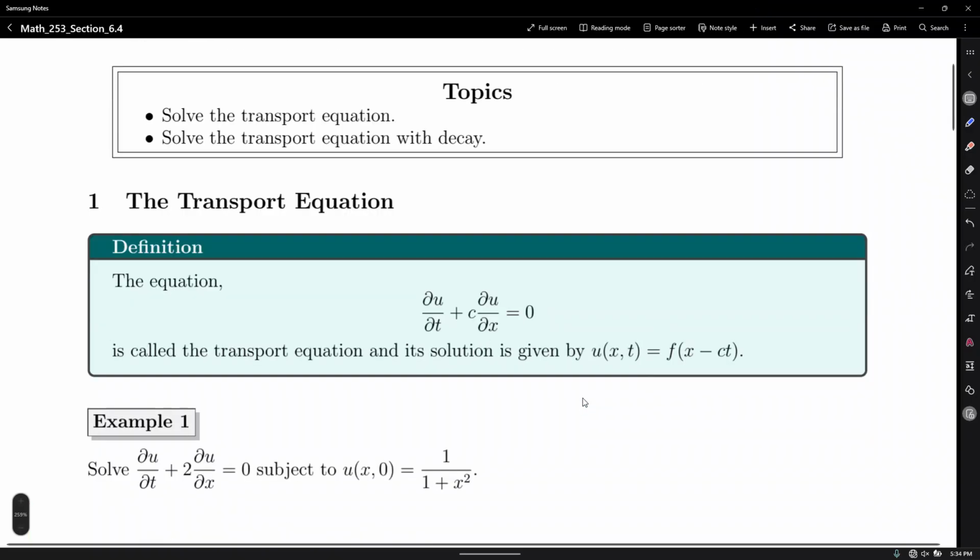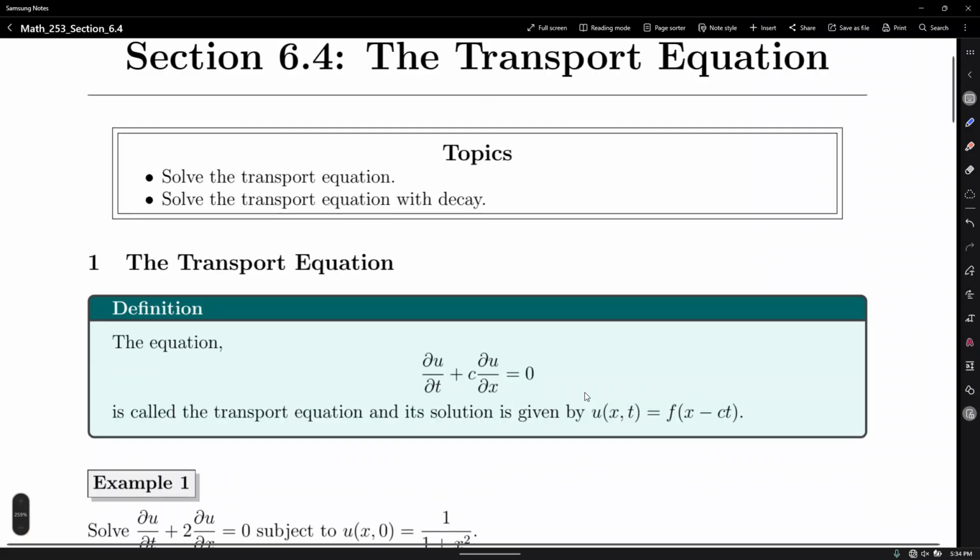Still, this equation resembles the equation A u with respect to x plus B u with respect to y equal to 0. However, this is now u of t plus B u of x.